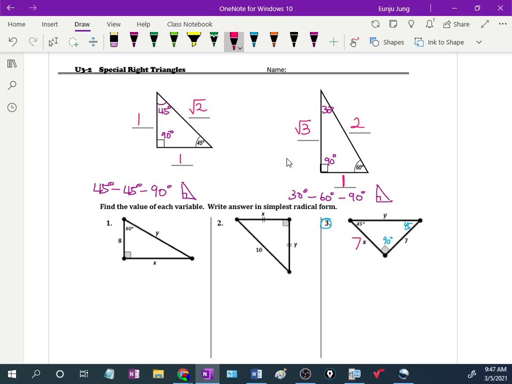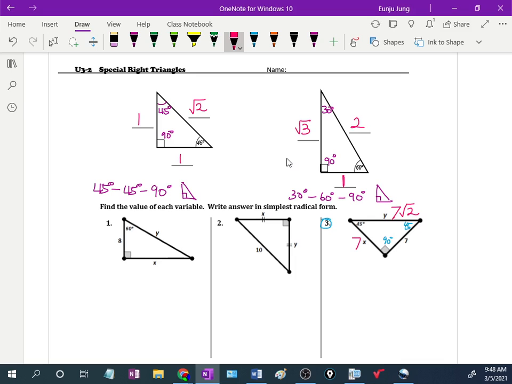Half of the square, right? This is the hypotenuse of this special right triangle. In other words, it is a diagonal of a square. The diagonal of a square is always root 2 times longer. So y will be 7 root 2. That's it. Nothing to calculate. 7 root 2. That's the answer.